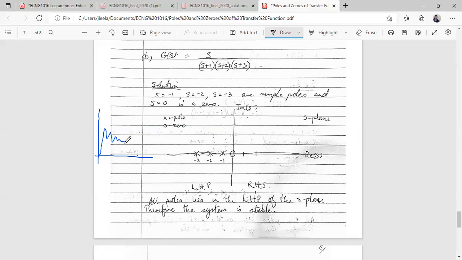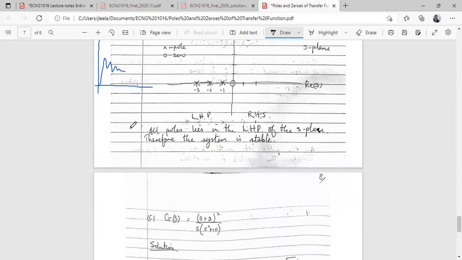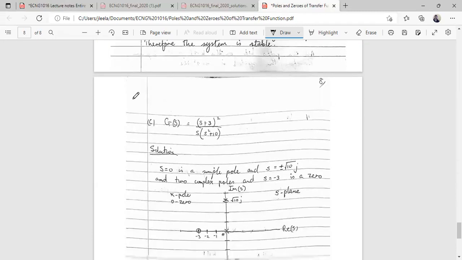So this is the diagram showing stability, and therefore the limit as t approaches infinity, f(t) will exist, because the height of the oscillation gets smaller and smaller and fizzles out, which means it would approach a limit. So this is marginally stable. This is stable, right?